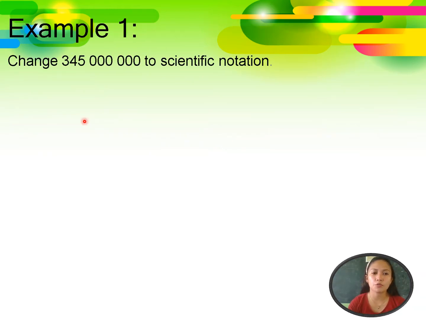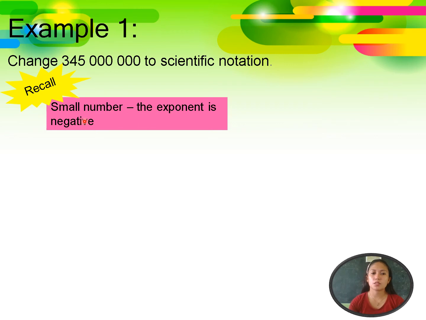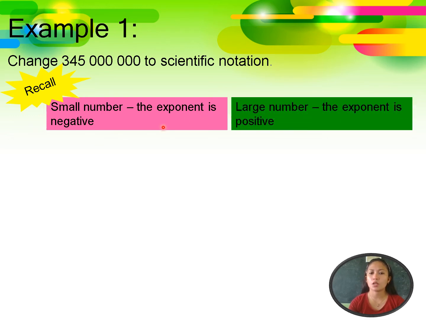Change 345 million to scientific notation. We discussed a while ago that for small numbers, the exponent should be negative, and for large numbers, the exponent is positive. For this given 345 million, it can be classified under, of course, large number.